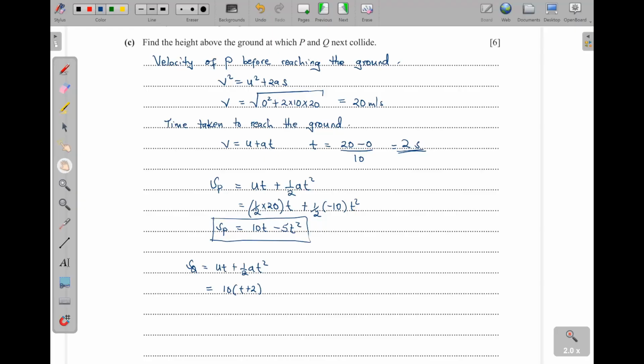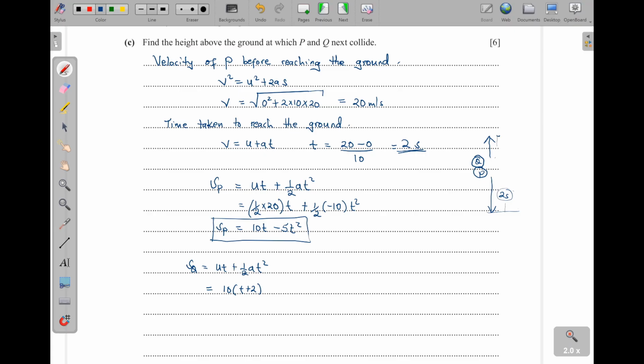It's because, remember, when they collided here, Q moved up, and then P went down. It came to instantaneous rest, then it came down. When it came down, it spent 2 seconds. As it was spending 2 seconds to move down, Q was also moving in those 2 seconds altogether.